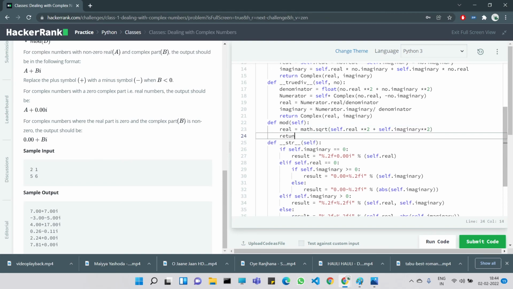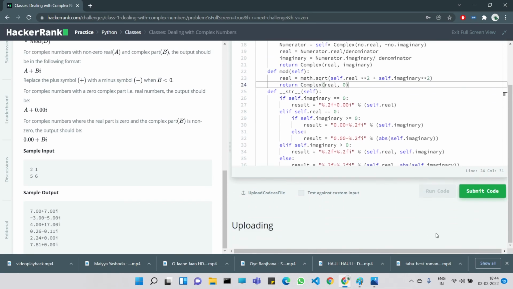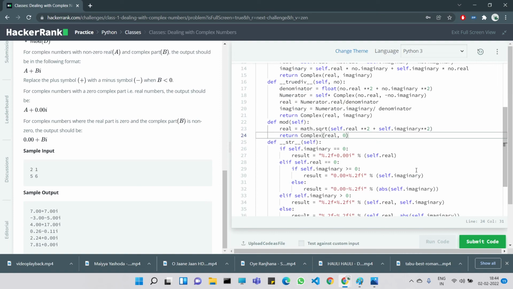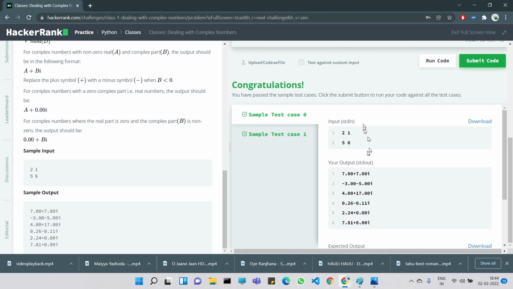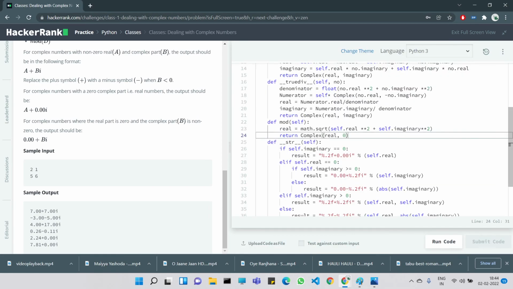So we can return it out. Return complex of real comma 0. 0 will be the imaginary part, right? So let's run the code. Okay, we got the test cases correct and let's submit it.